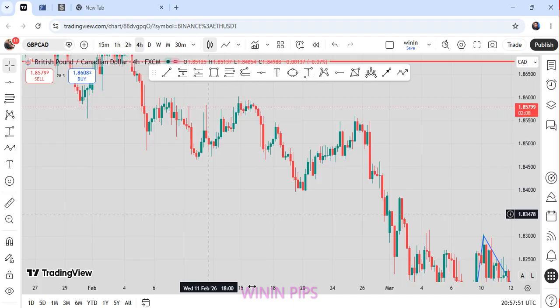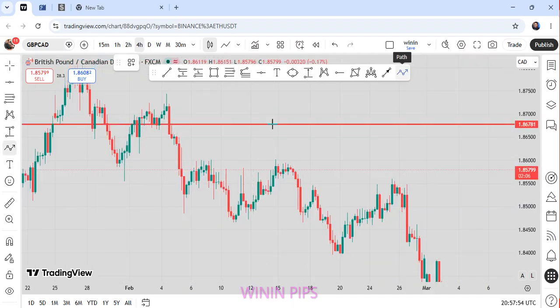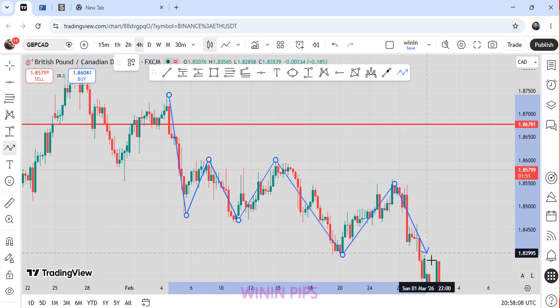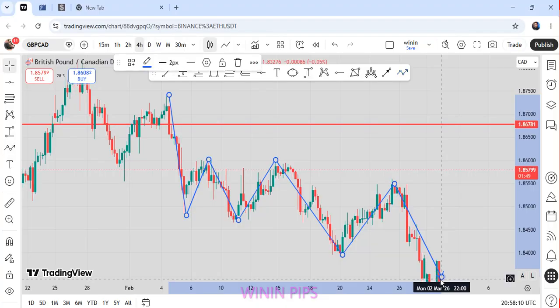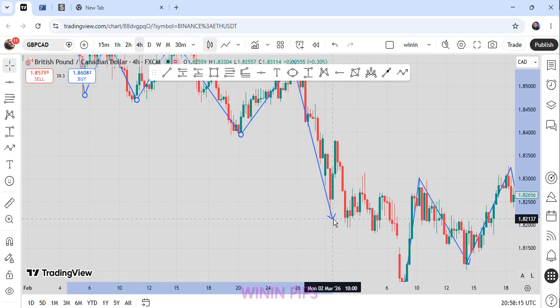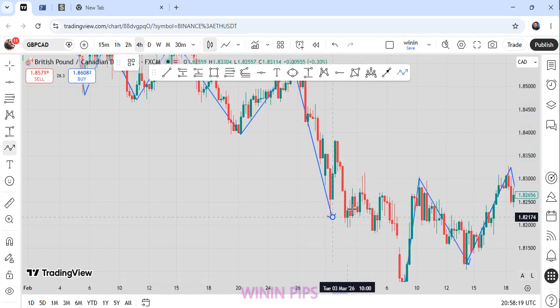You have a strong impulse move, it retraces, comes down, retraces, comes down, retraces. So that's how the market moves. You can just draw it here, and talk of retracement here, and come down, like that.